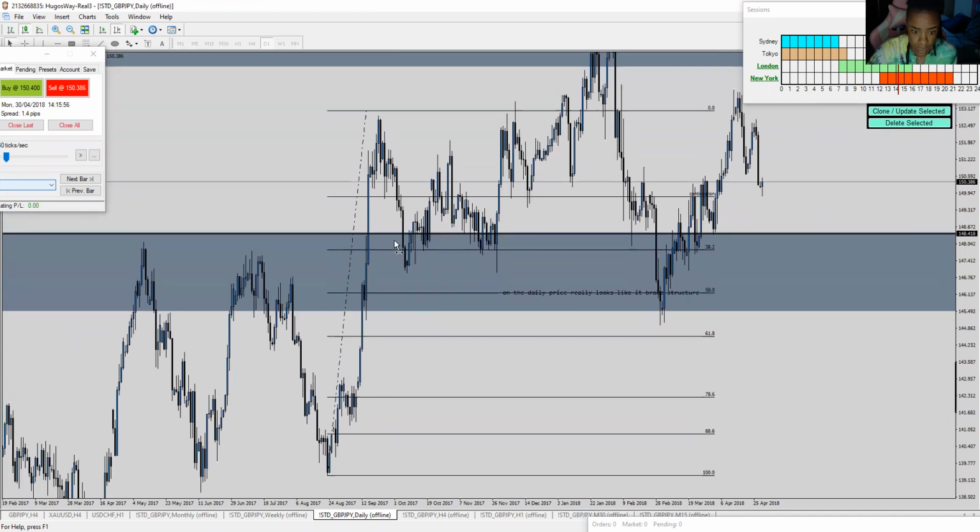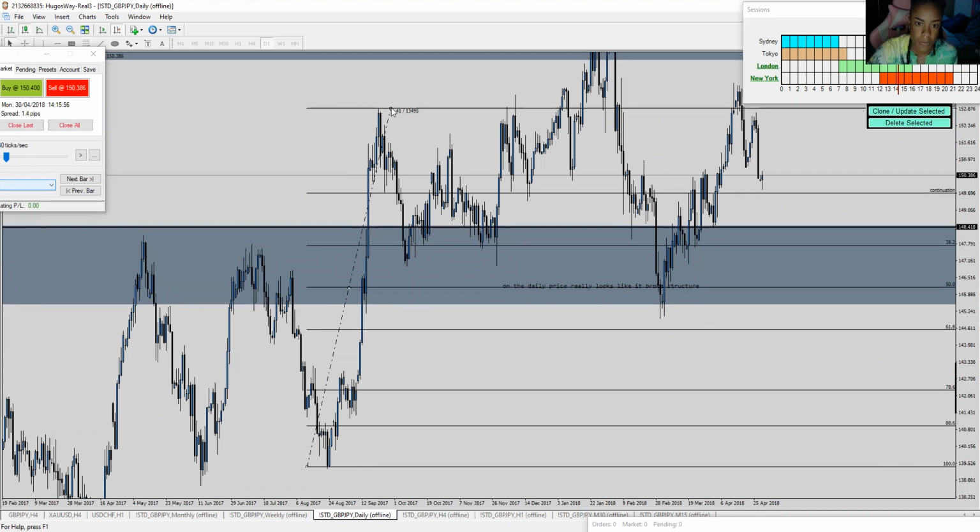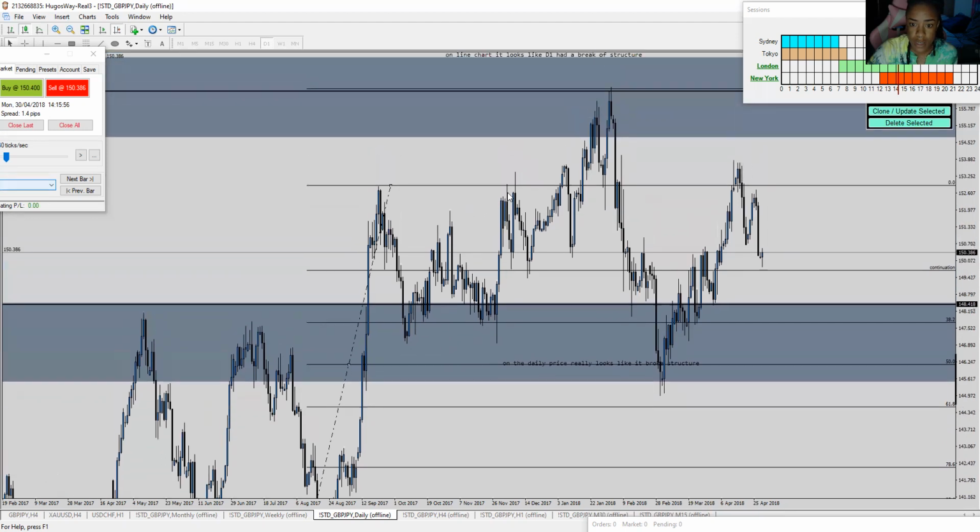So let's pay attention to the details here, because this is where it really matters. We have point A, point B, price comes down to the 38.2, maintains this level, and then creates a new high.